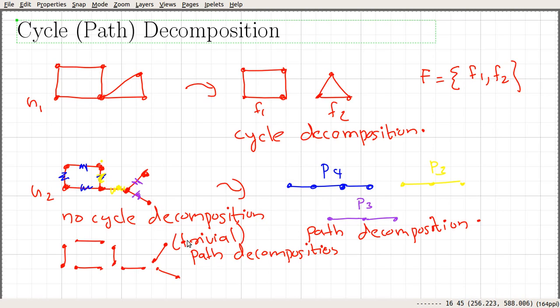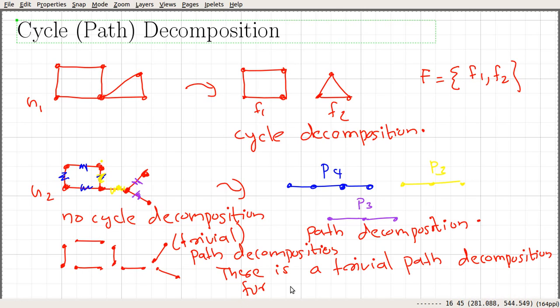This kind of path decomposition is what is called a trivial path decomposition. There is always a trivial path decomposition for any simple graph.